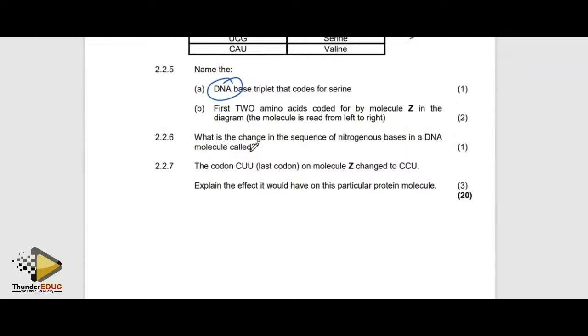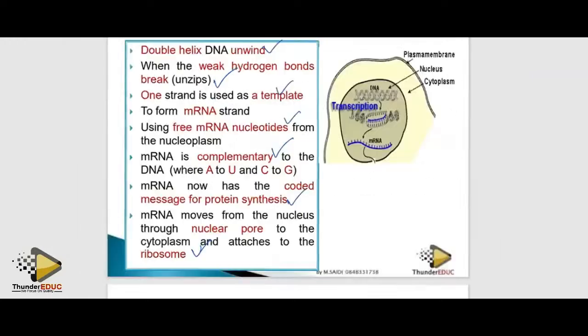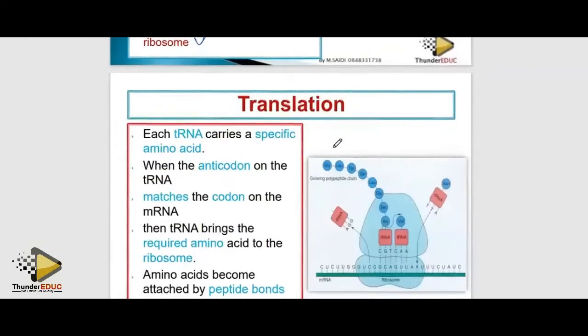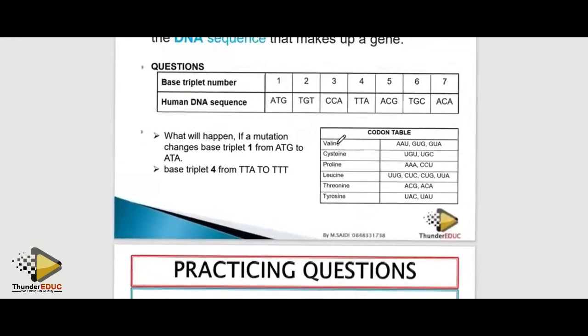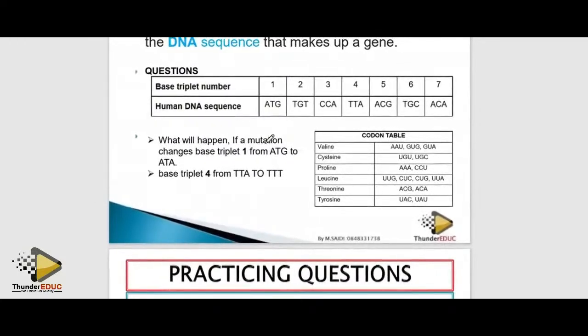Then they're saying the code for this on molecule Z changed to this. Explain the effect of this. This can also be answered by the book. If you go to the end of DNA, it is here. What will happen if this mutation changes the triplet to this?